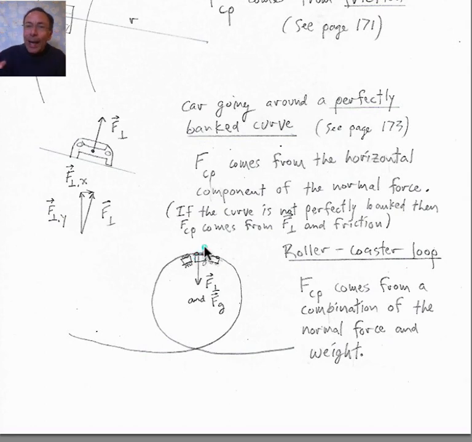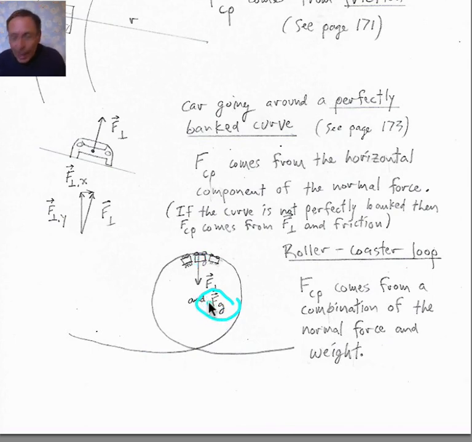It's like, I'm like an astronaut, I'm floating in space. In that case, the centripetal force is coming from gravity, it's the weight of the cars, the weight of the people, and so on.